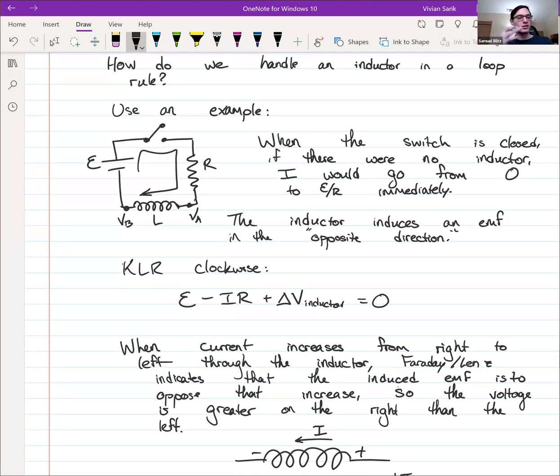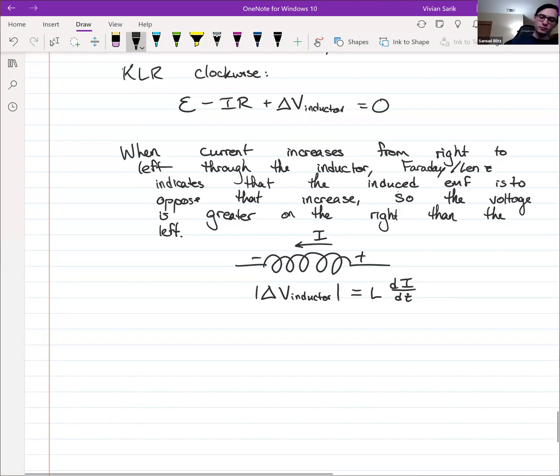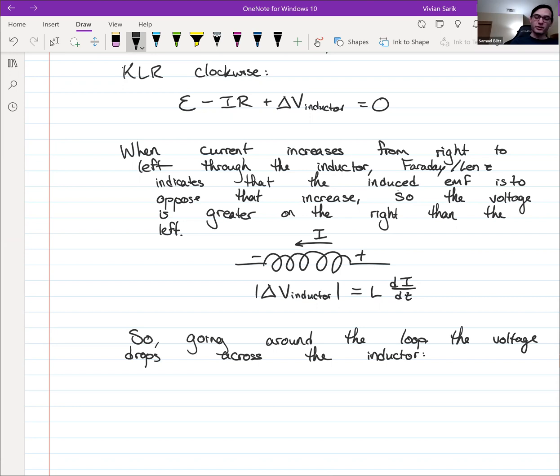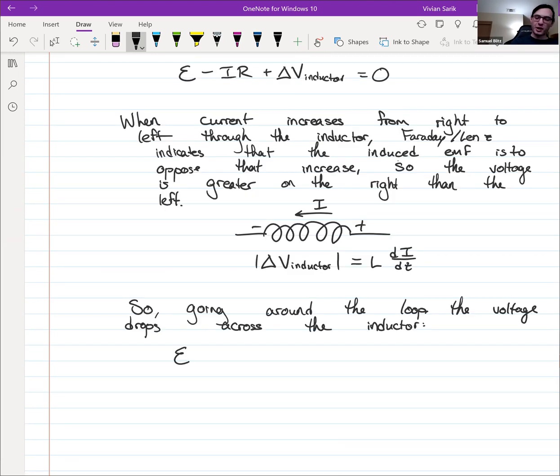The voltage decreases as you go around the loop. The voltage drops across the inductor. And so our formula then becomes E minus IR minus L di dt equals 0.